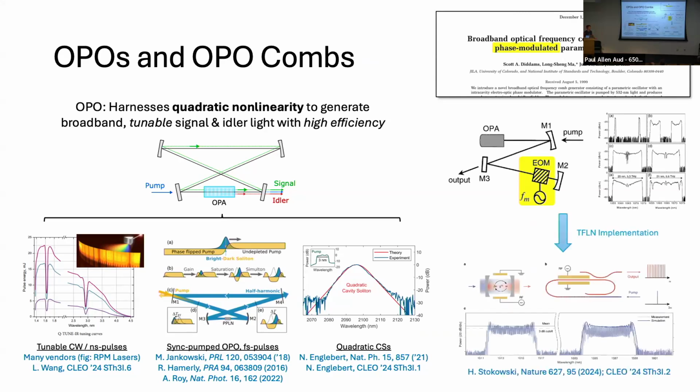This was first proposed as a concept and also implemented in 1999, but there have been new advances in this field with thin film lithium niobate, and there was a great paper by Amir's group just earlier this year.